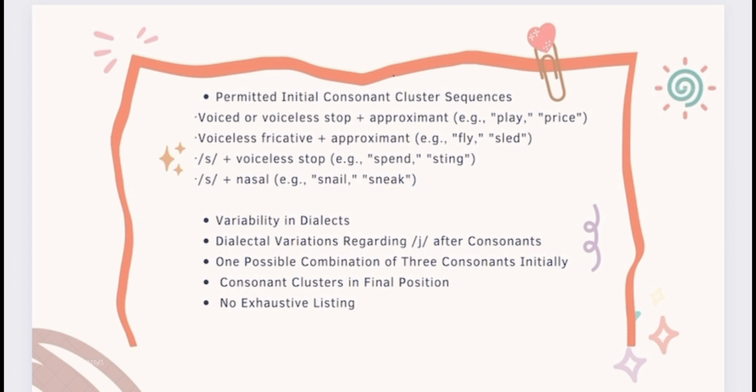Permitted initial consonant cluster sequences. English allows certain sequences of consonants to appear at the beginning of a word or syllable. For example, a voiced or voiceless stop plus approximant, voiceless fricative plus approximant.